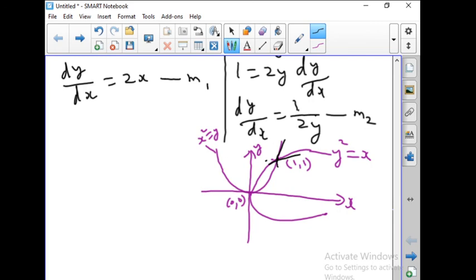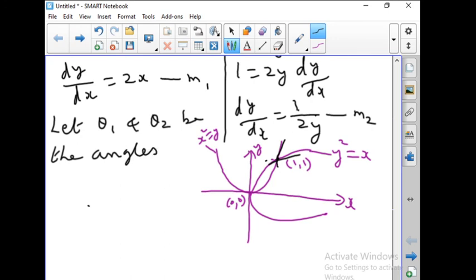So this is the point of intersection. We will now find the angle. Let theta 1 and theta 2 be the angles.